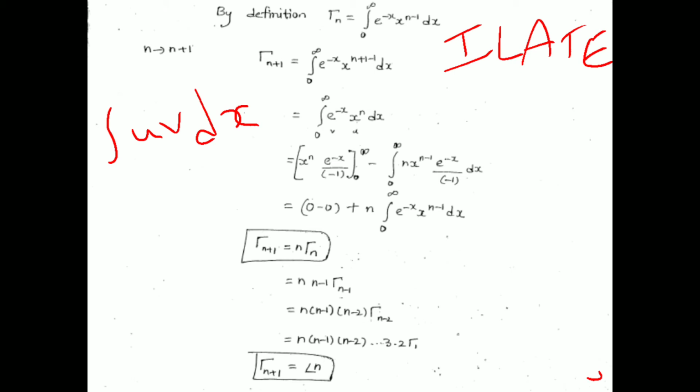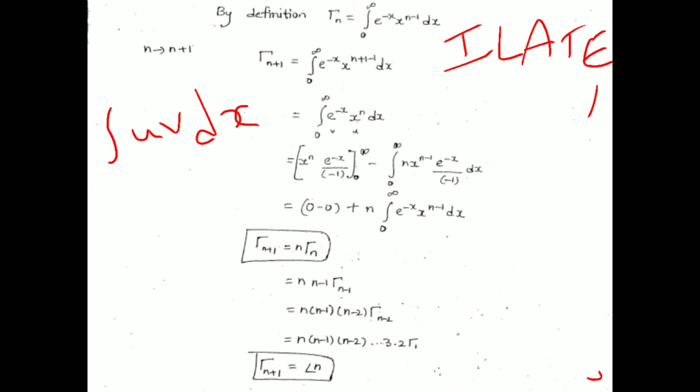First of all, this is the order of taking: in the place of u we take inverse, logarithmic, algebraic, trigonometric, and finally the exponential term, which mostly would be v.